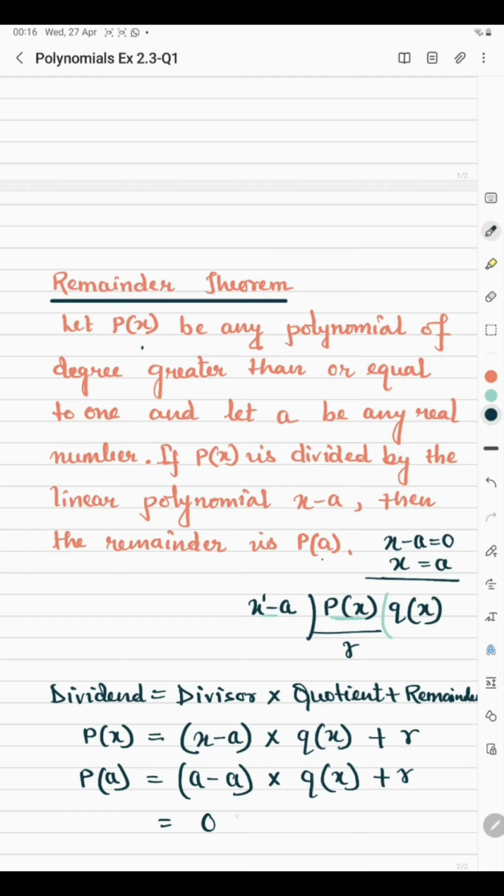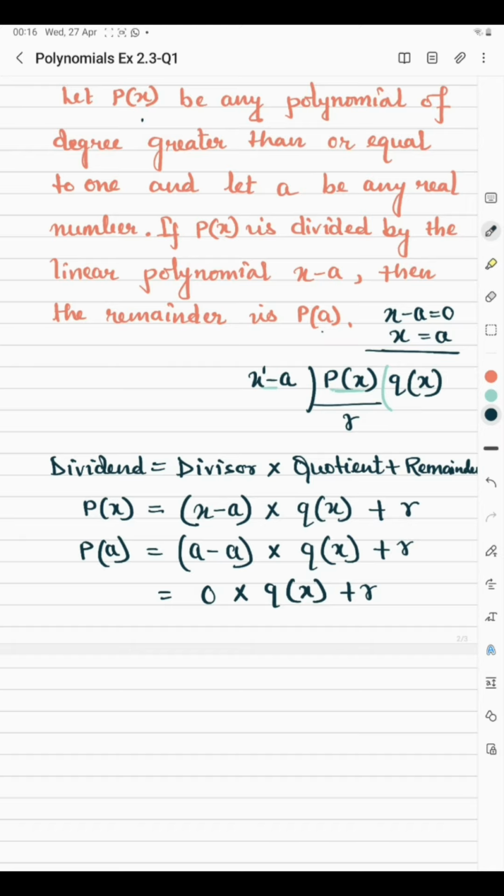So a minus a is 0, multiplied by q(x) plus r, and as we know that 0 multiplied by any number is 0, so 0 multiplied by q(x) will be 0 plus r, and since 0 is added to r, we'll get the number itself, so it's r. So the remainder we have got is r. So here P(a) is r, okay.